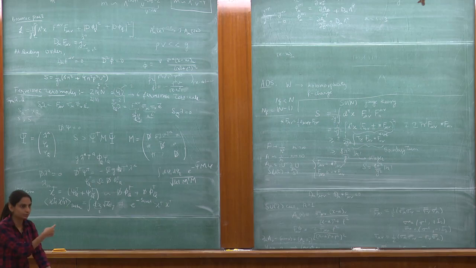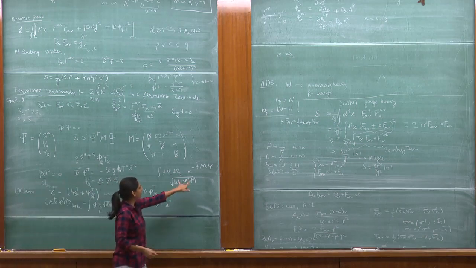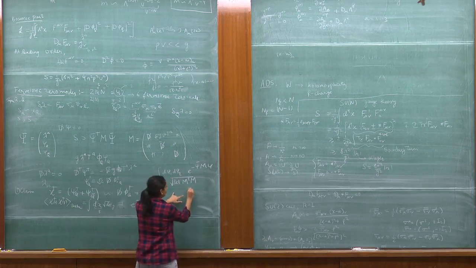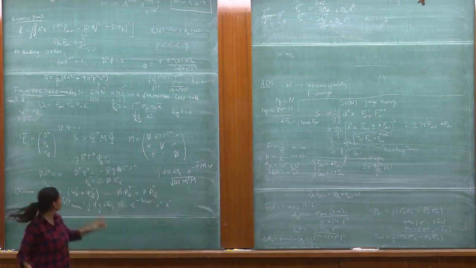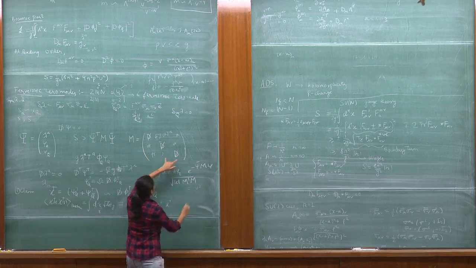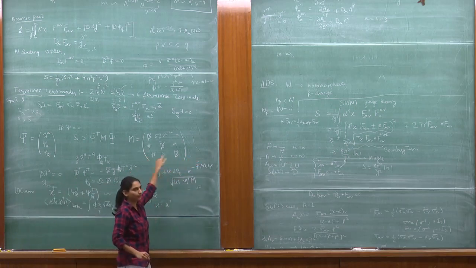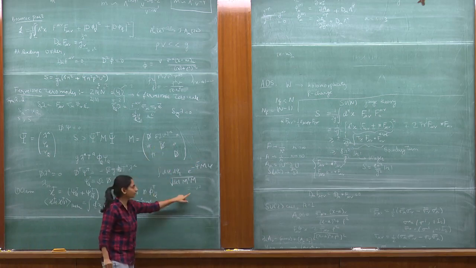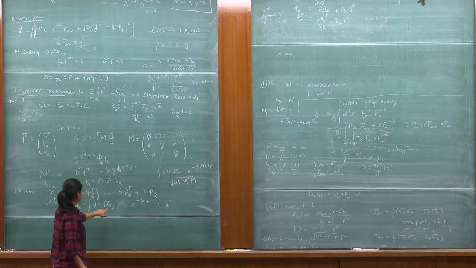I can show you in 2 minutes, because it's very late, how the powers come out. The 4 fermionic zero modes, I have written here 2, but there are actually 4, these integrals will give you some power of v, a power of v squared, because when you multiply with m dagger and take the determinant, there is a v sitting in all the off-diagonal entries. The bosonic measure gave us a power of rho cubed.